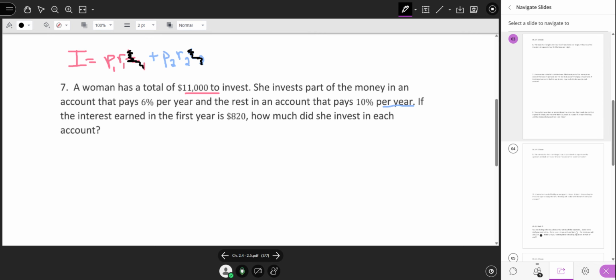Now, P1 is always going to be X. P2 is always going to be your total minus X. Guess what? That's your total.